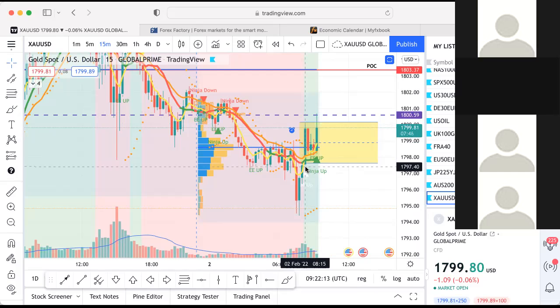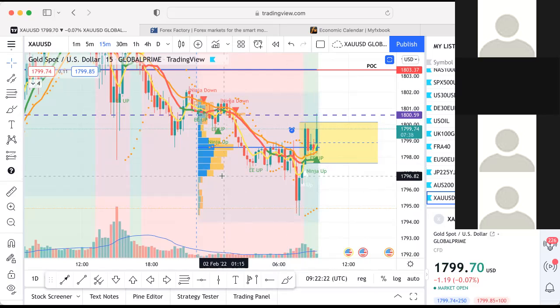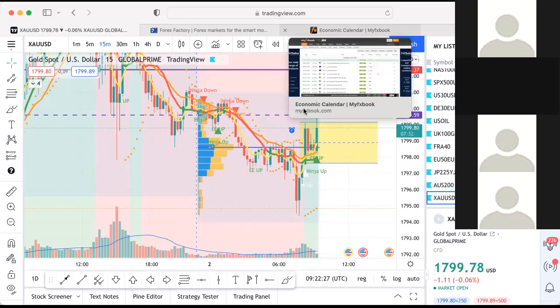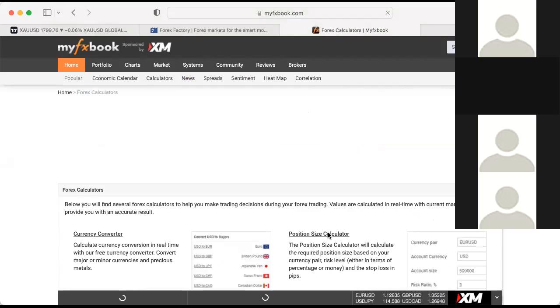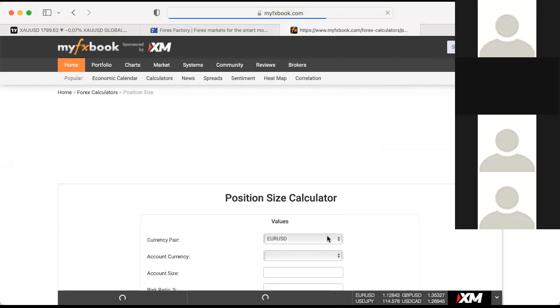But obviously, with gold, you need to sort out the lot size, because it's quite a lot bigger than other normal pairs, which has screwed me up in the past. What I'll do, just to confirm what you've just said, I'll go to the position size calculator, and I'll do the lot size calculation for you.